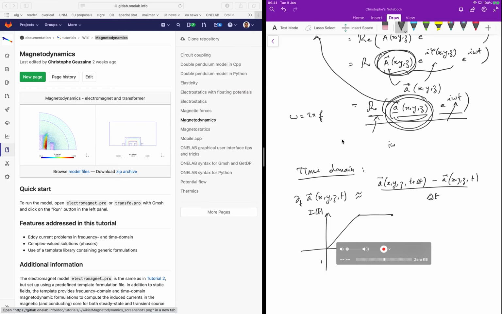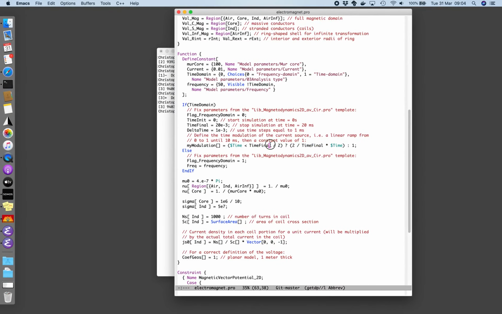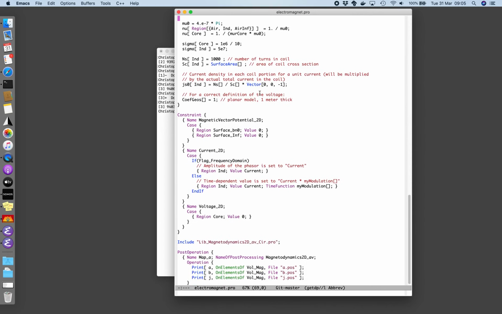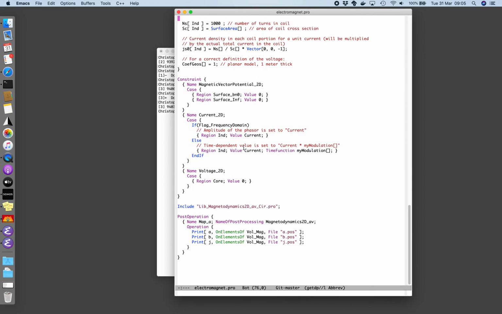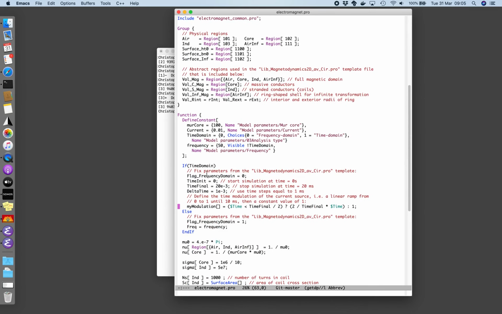So this is time init, this is time final, and this is halfway. And that's it. Actually, you see, nothing else changes in the file. You basically impose your current like this, and you need to fix this flag to 0, and that's it.